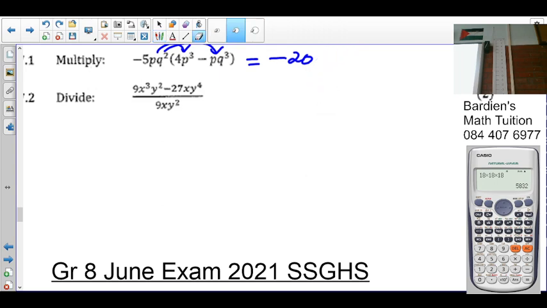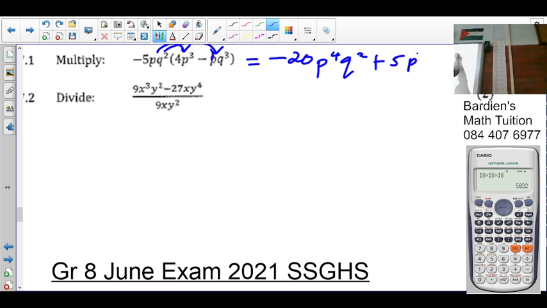Negative times negative, positive. 5 times the 1, 5. Where's the 1? Here's the 1. P times P, P squared. Q cubed times Q to the 4, Q squared. Q to the 5. Like or unlike? Unlike.